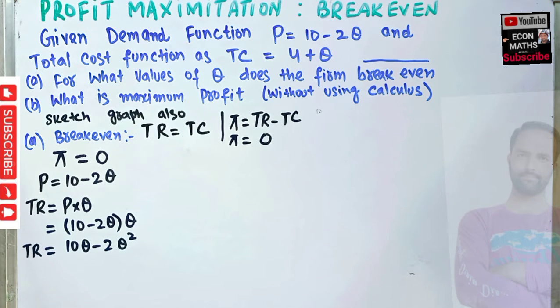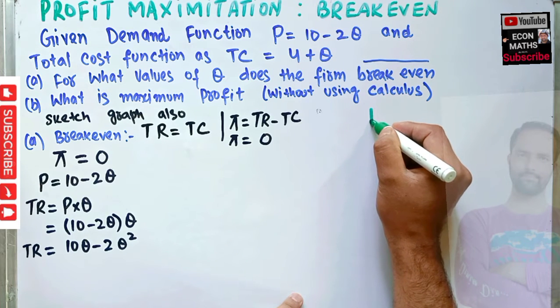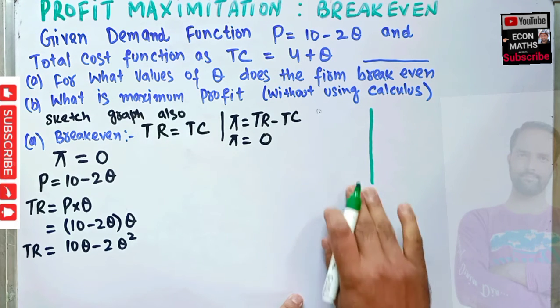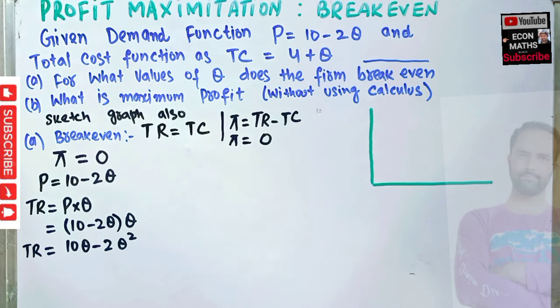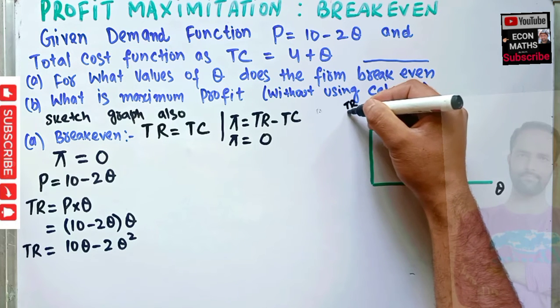Okay, if I can sketch it on the graph, it will make sense, because we are not using calculus here. So let us try to draw the graph of this. On the horizontal axis we have the output. On this axis we will measure total revenue and total cost function.